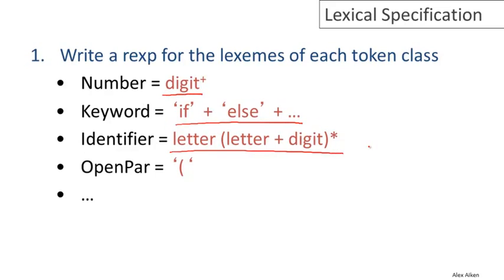There's the definition we talked about last time, sequences of letters or digits that begin with a letter. And then we'll have a bunch of punctuation, things like open parens, close parens, etc. So we write down a whole set of regular expressions, one for each syntactic category in the language. And that's the starting point for our lexical specification.